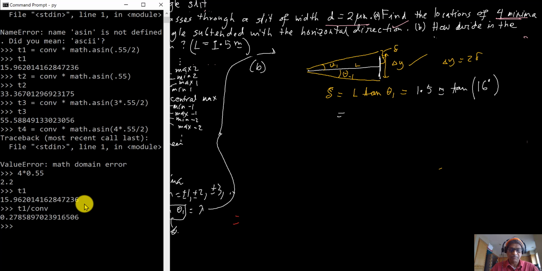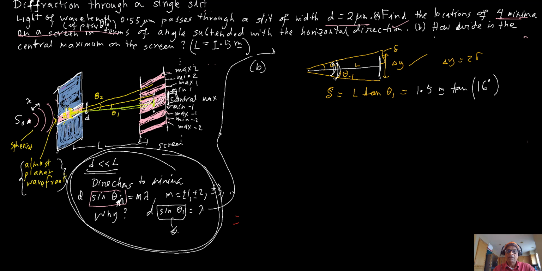So we will have tangent 1.5 times math tangent of T1 by, so we need the argument inside these functions are given in radians. That's why I'm converting back to radian, and so this will be 0.43.